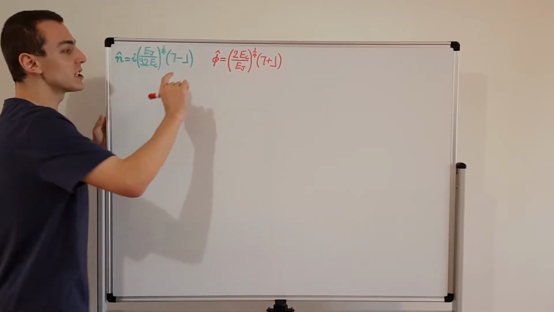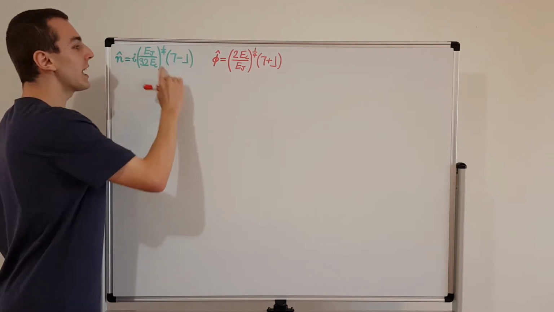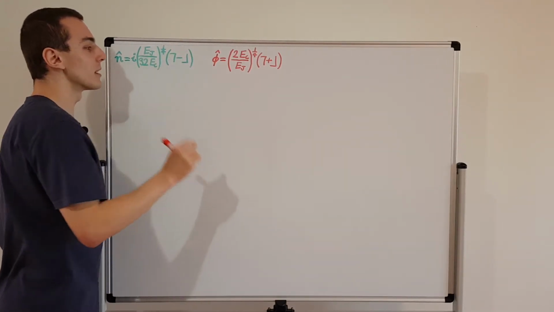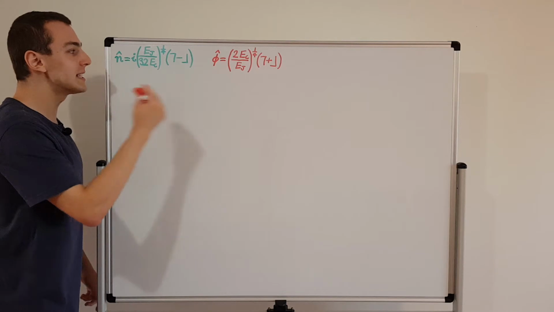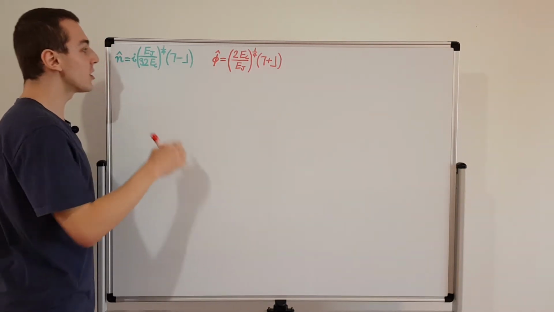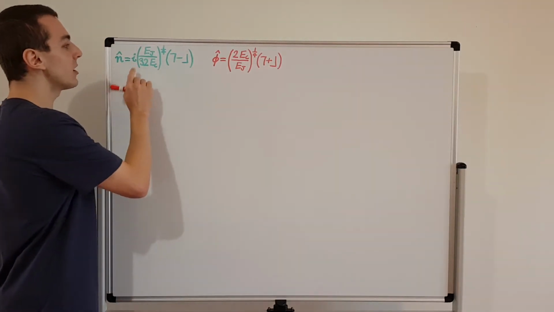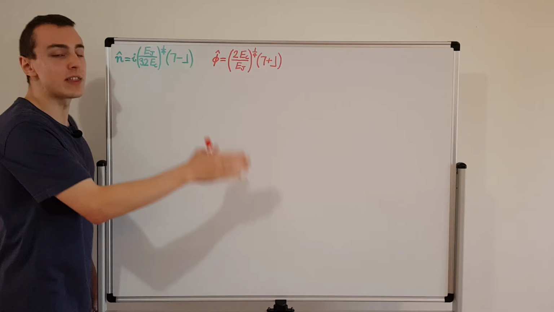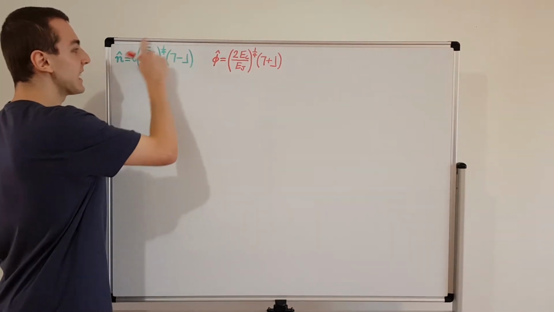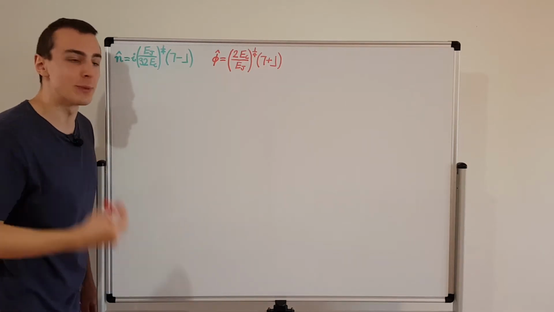So these will actually swap positions, and that's going to introduce a minus sign. But luckily that minus sign is compensated for by this i, because when we take the Hermitian conjugate of i, we get minus i. So we have a minus sign over here and a minus sign over here, and together they give a plus sign. So this is equal to its Hermitian adjoint, and that means it is Hermitian.